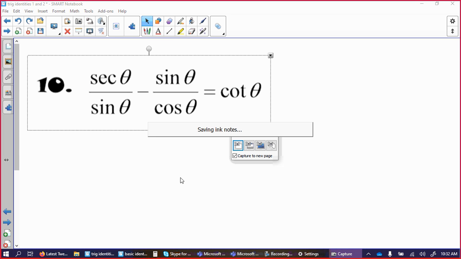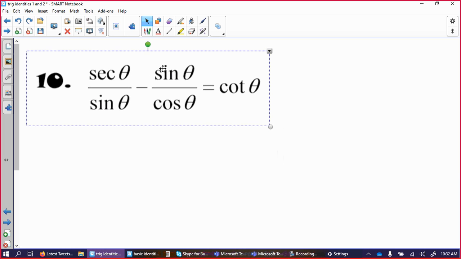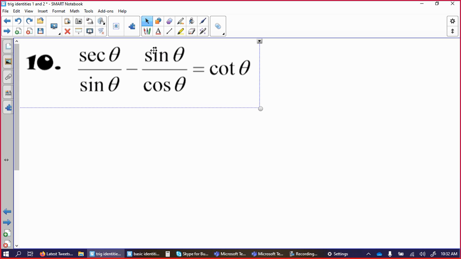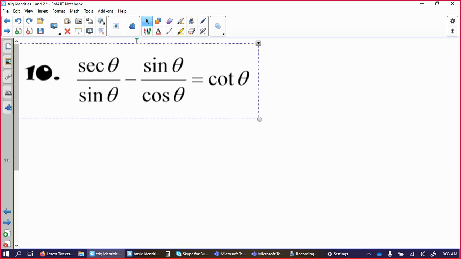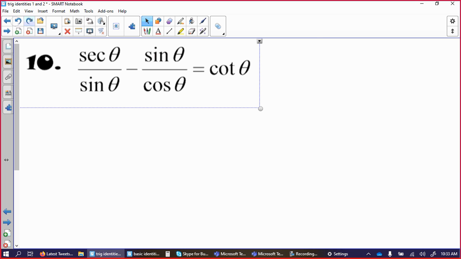Well, whatever works. This one, to me, oh boy. Secant over sine minus sine over cos equals cotangent. Whoop, I did not want to do that. Let's see. How do I want to start this thing?